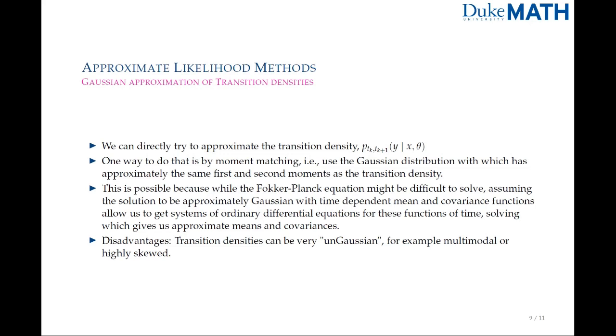While the Fokker-Planck equation is difficult to solve, suppose we assume that the solution is a Gaussian with a time-dependent mean and covariance function. Then that allows us to get ordinary differential equations for the mean and the covariance. Solving those ordinary differential equations gives us approximate means and covariances for the transition densities.